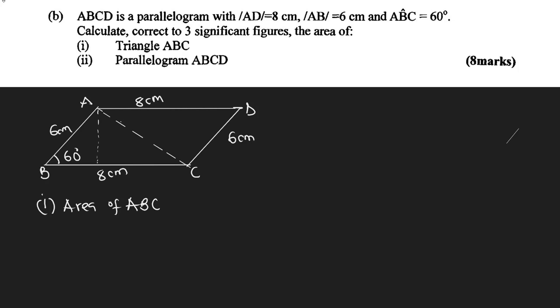The formula is given by area is equals to half base times height. So we have the base, that's 8 centimeters, but we don't have the height. This is not the height, this is a slant height, but not the height. The height is simply what is here. We have to find this height. If we find the height, it will be better for us because we are going to calculate the area of this triangle. So now how can we find the height?